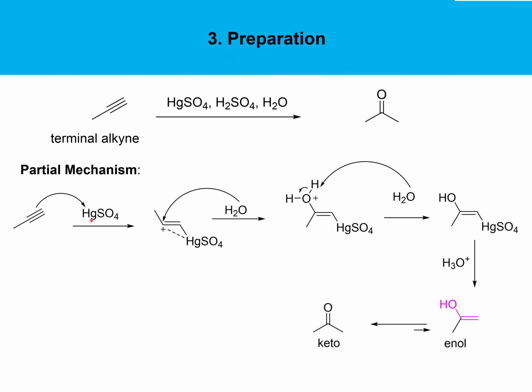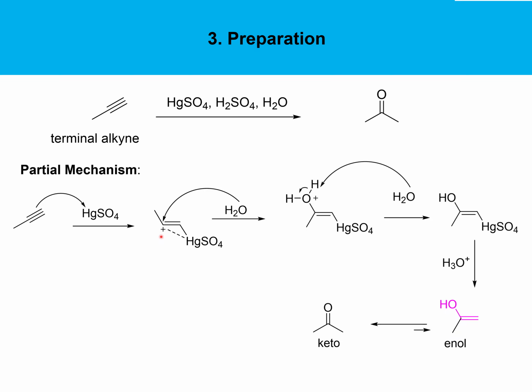Just the fact that it's a sort of a metal also makes it electrophilic, and so it is attacked by the alkyne. At the same time, the d orbital electrons on this mercury will start to attack the developing positive charge here on this carbon, the more substituted carbon of the alkyne.